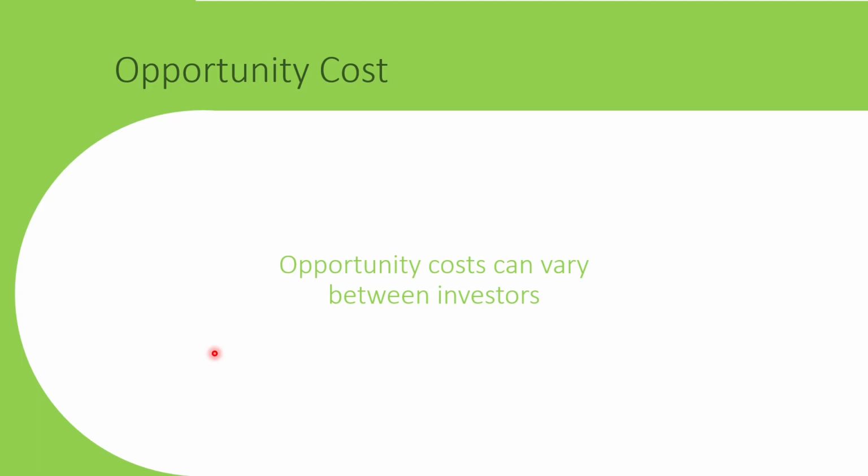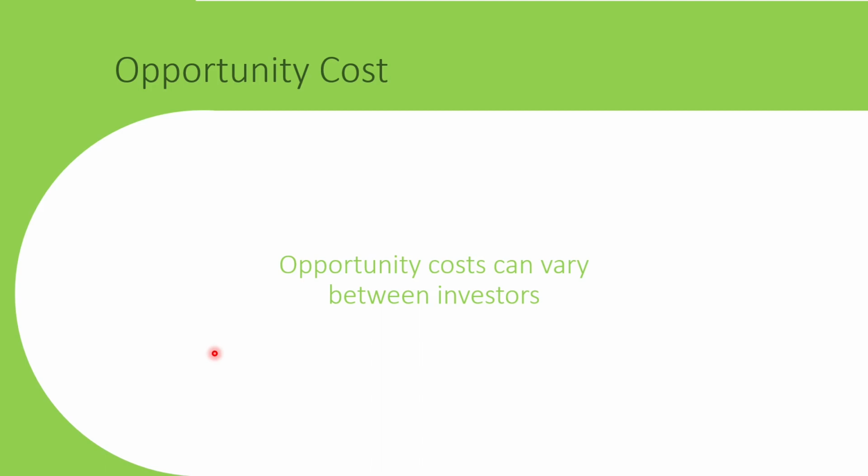But that could vary, right? If I went to a bank, I might not get a 10% return. I might only get a 7% return or a 6% return. Similarly, if someone else went to a bank, they might get a 12% return or a 15% return, right? So depending on the investor, their next best alternative can vary.